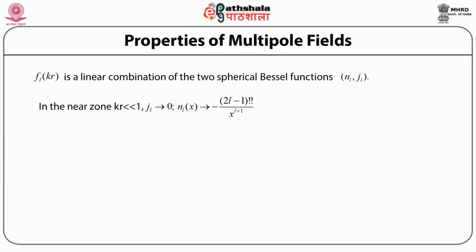This implies that H vector LM^E tends to minus k divided by L into L vector Y_LM divided by r raised to power L plus 1, and E vector LM^E tends to minus i Z0 by L into del cross L vector Y_LM divided by r^(L+1).